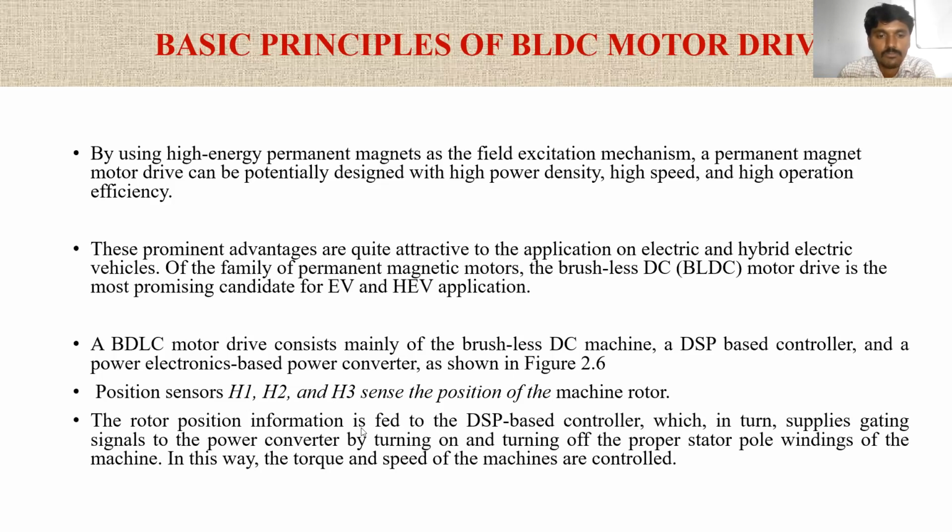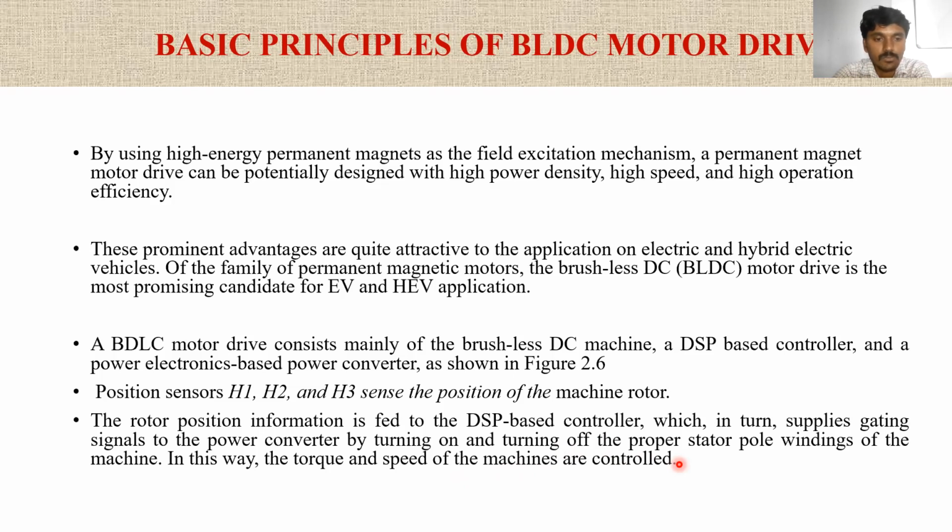The rotor position information is fed to the DSP based controller, which in turn supplies gating signals to the power converter by turning on and turning off the proper stator pole windings of the machine. In this way, the torque and speed of the machine are controlled. Why are we using the Hall sensors or position sensors?